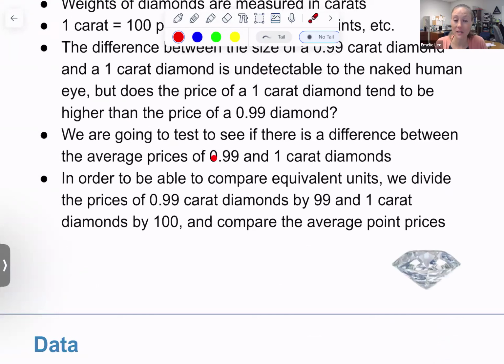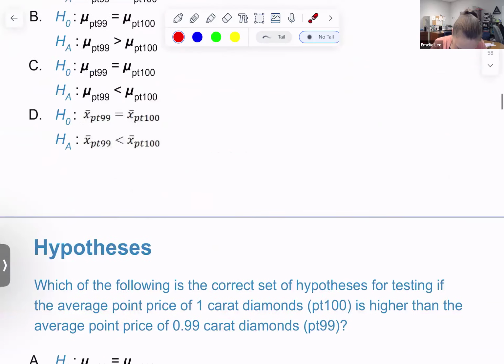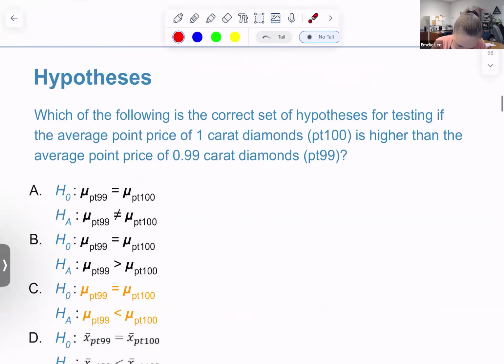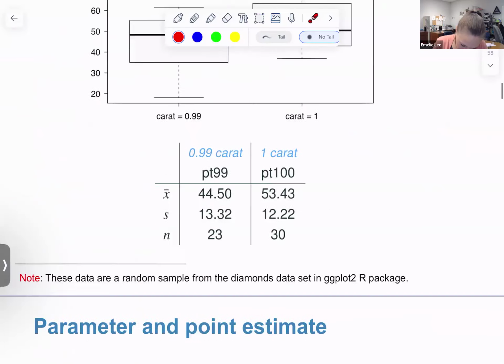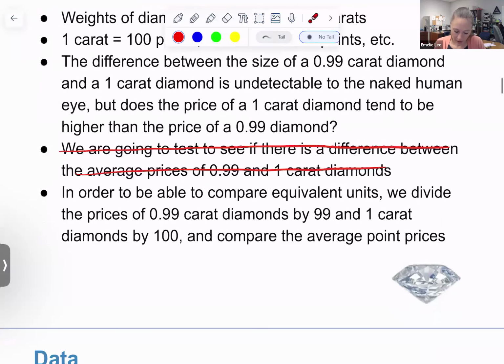We can do that, that's a two-sided test, but I'm just going to scratch that, because later, we actually do test to see if the 1 carat diamonds tend to have a higher price than the 0.99 carat diamonds, so just ignore that.